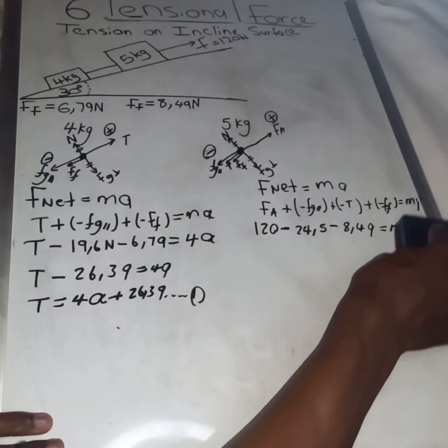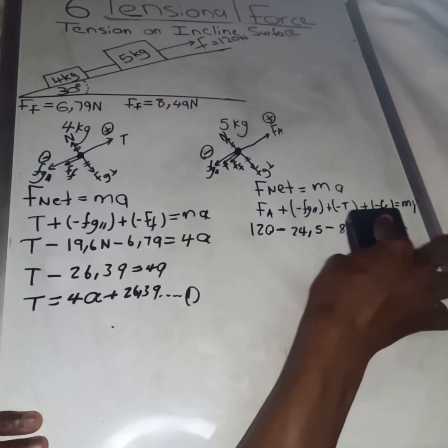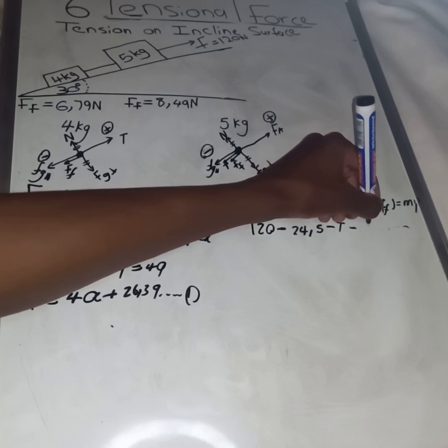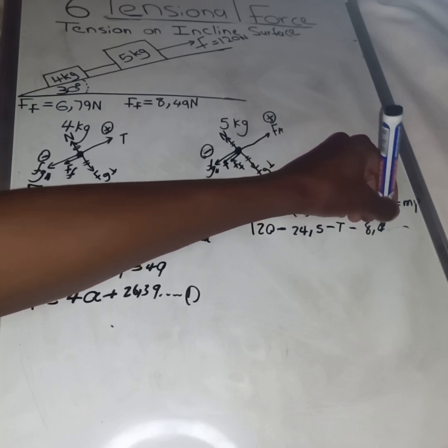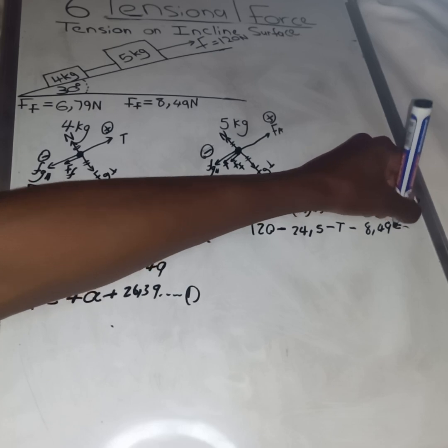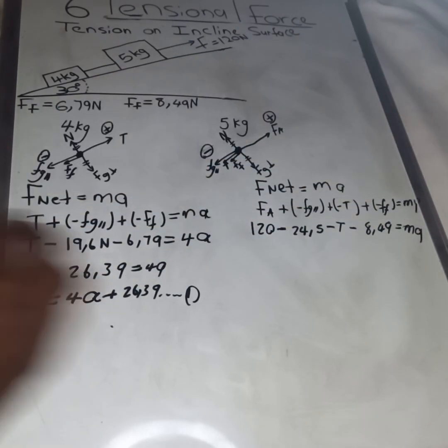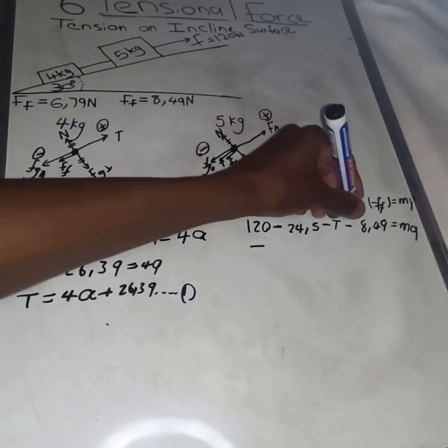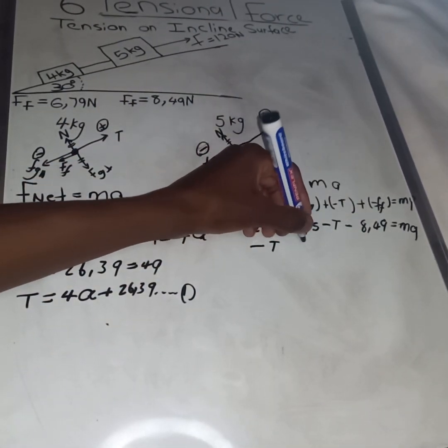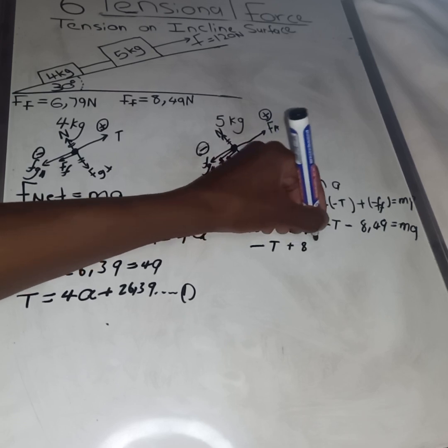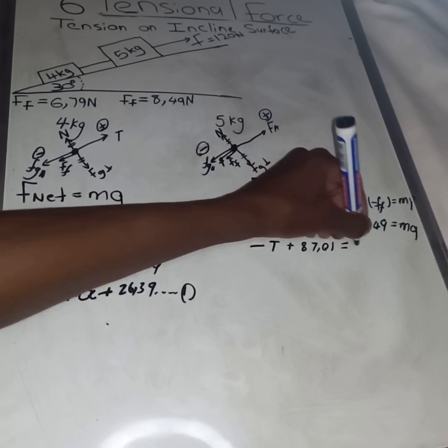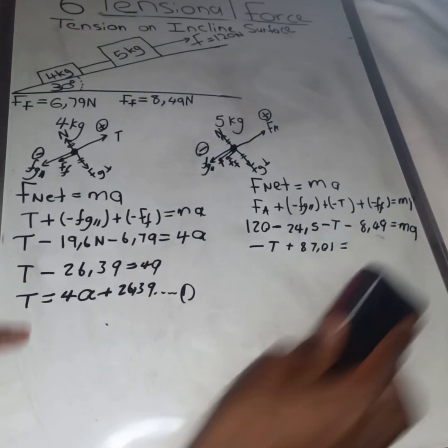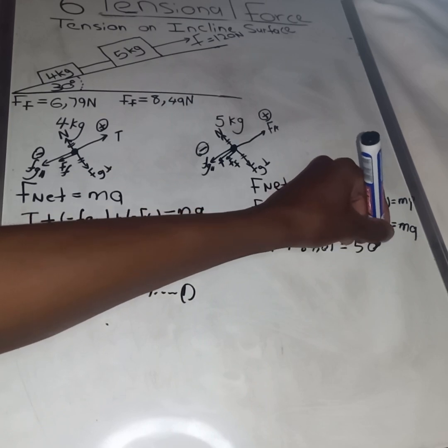We forgot to include tension. So we add or subtract the like terms. We're going to get negative T plus 5a.